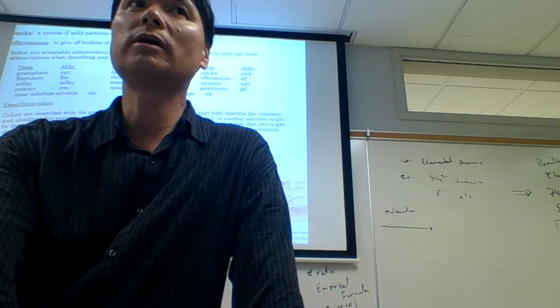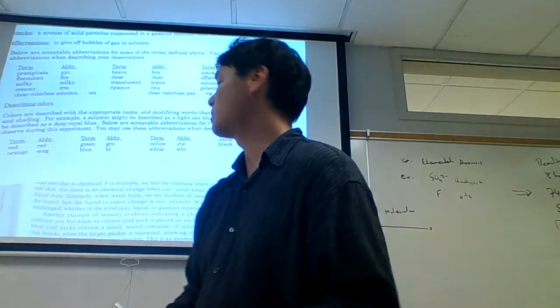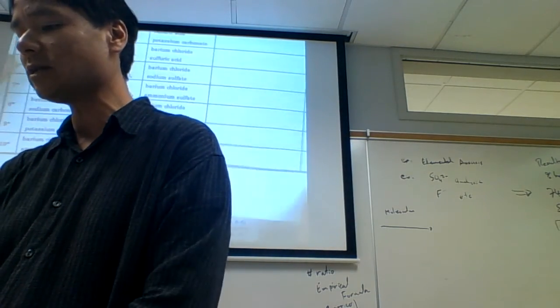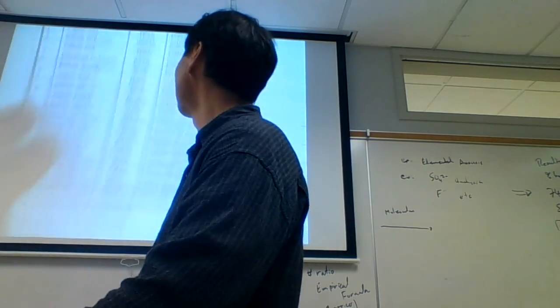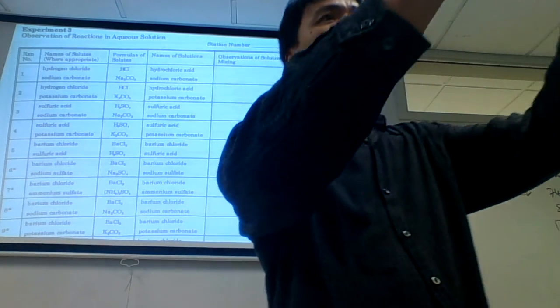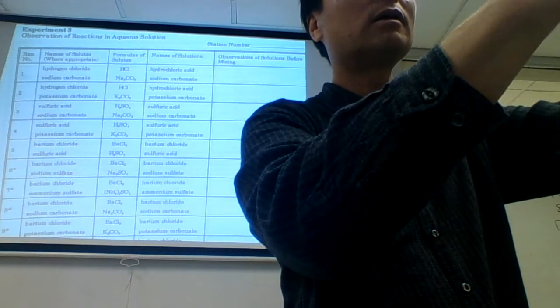You can work with a partner on this, and then what we'll do is put 1 reagent in the test tube, and if there's a choice, add the acid. So on the first one, I put 1 squirt of sodium carbonate in here, then walk over to the HCl, and start dripping the HCl slowly until you get 1. And then observe.